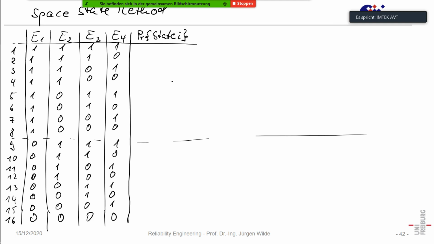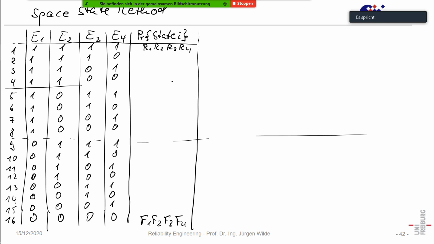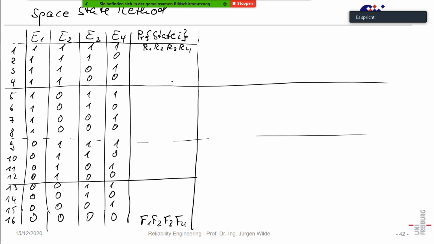Of course, that is R1, R2, R3, R4. What the probability that all have failed, that's F1, F2, F3, F4. We get all of these information from where? Of course, from the individual functions describing the reliability of the system.